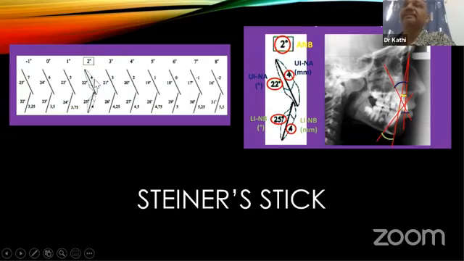This 4 is the distance between the upper incisor to the line from the nasion to the A point, the position of the teeth. So he has mapped out, to camouflage, the inclination of the upper and lower incisor and the distance of the upper and lower incisor to the NA plane and the NB plane.